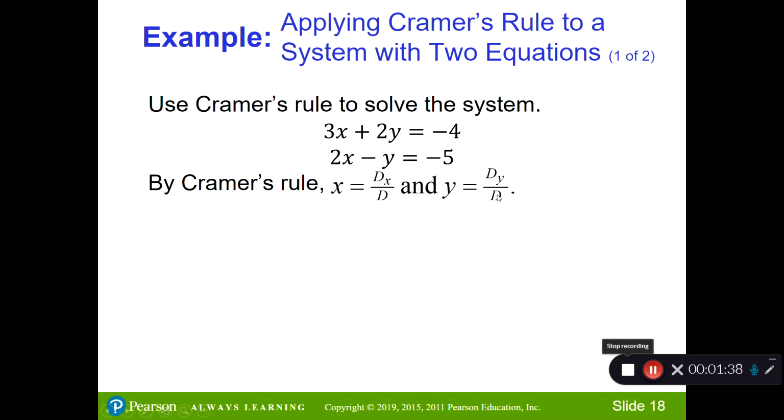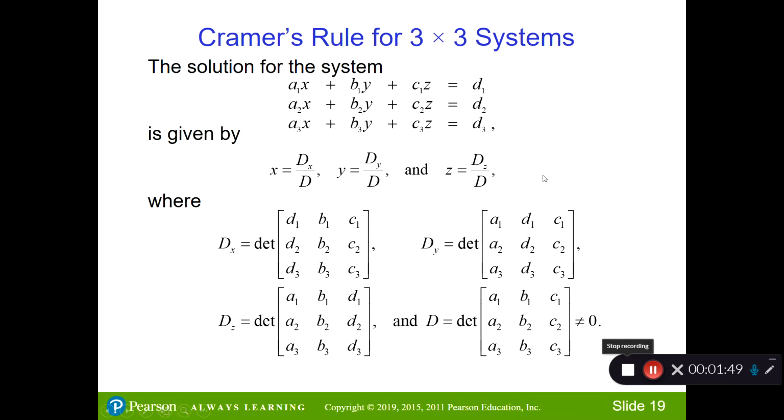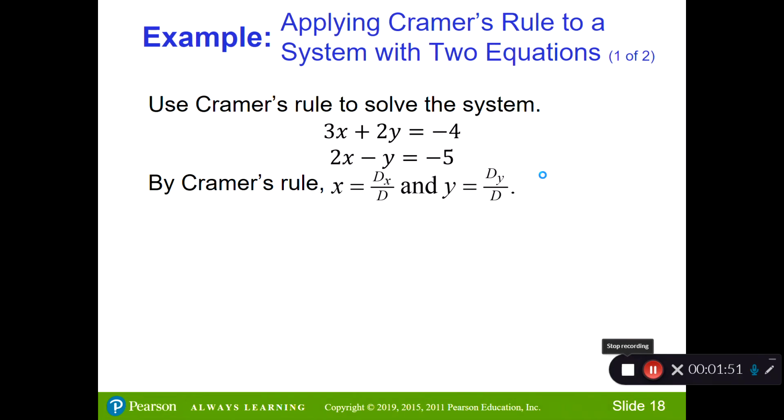Let's take a look at an example here. I want to use Cramer's rule to solve this system. So we know that x is Dx over D and y is Dy over D. We've got to form that D and Dx. So my D is the determinant 3, 2, 2, negative 1.